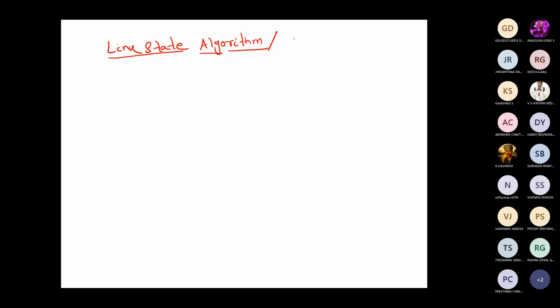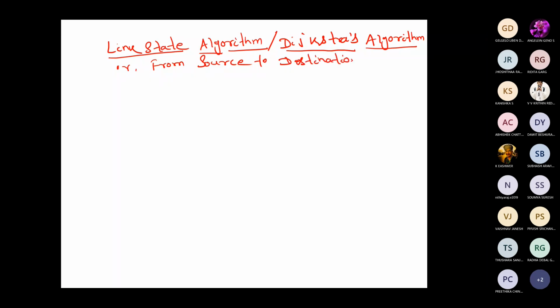The keywords you have to remember: either we call this the link state algorithm, or Dijkstra, or from source to destination process algorithm, minimum distance calculation. With respect to these three words only the question will be asked.